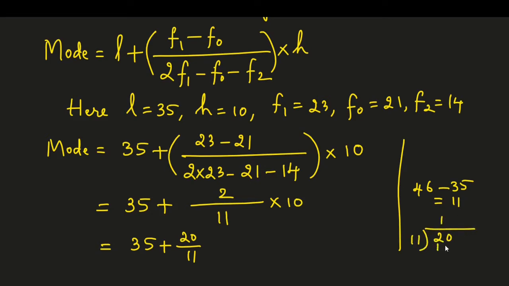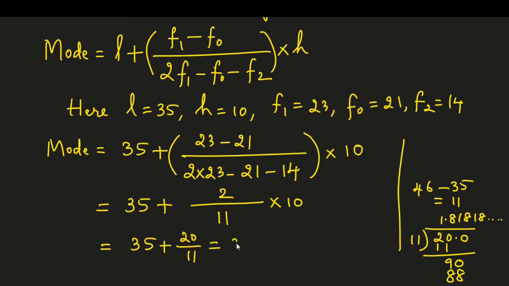11 ones are 11, 9. Here we have 90, 8, 88. So again we will get the same 1, 8, 1, 8, like this.